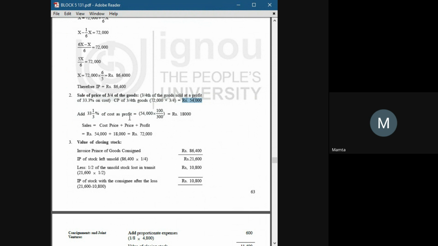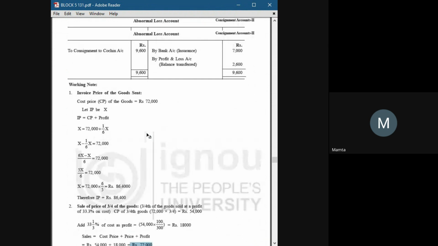When you put 33% of 54,000, the amount you get will be 18,000. And when you add the goods value and the profit, you will get the sales amount, which is 72,000. That's how we have calculated the sales.